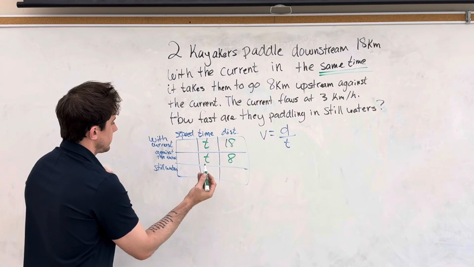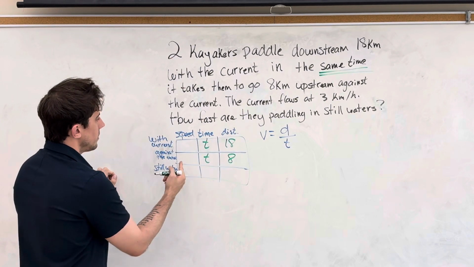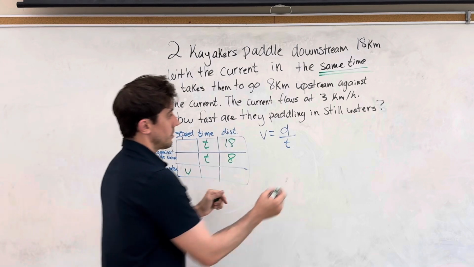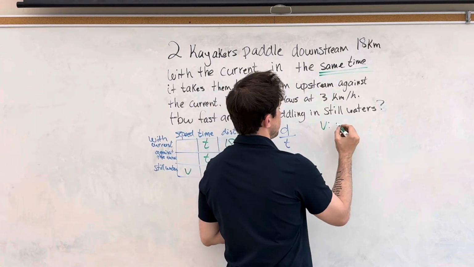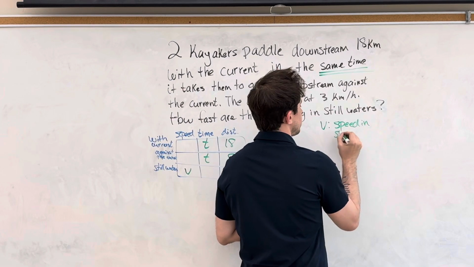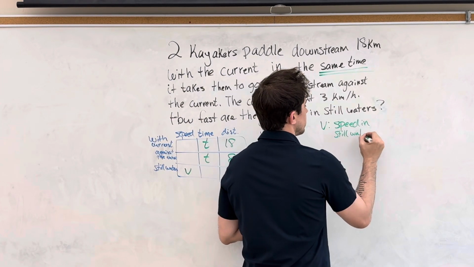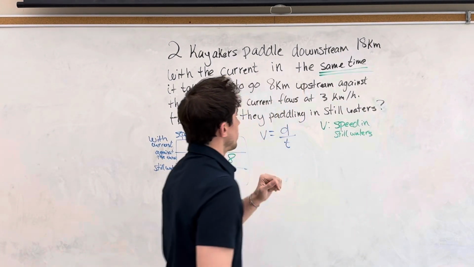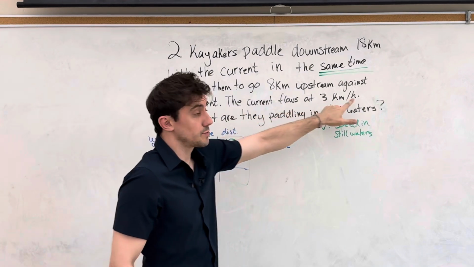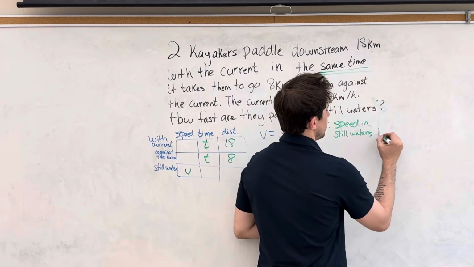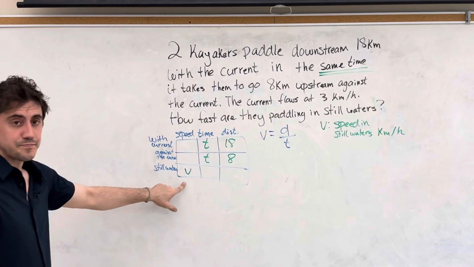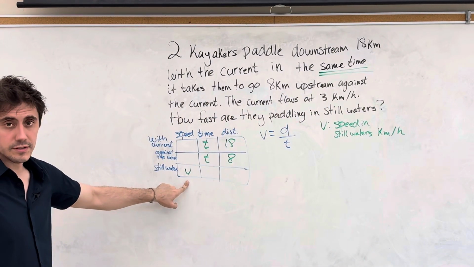Let's call that v. That's the one we're looking for, v, speed in still waters. And let's measure this speed, obviously, in kilometers per hour.